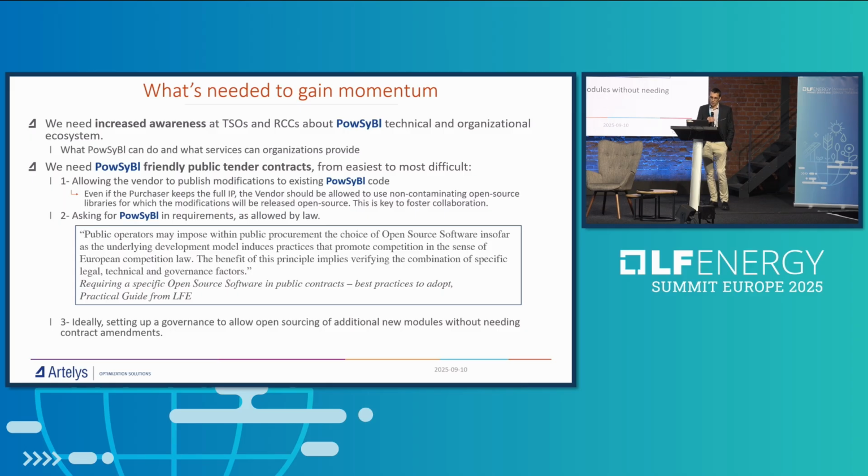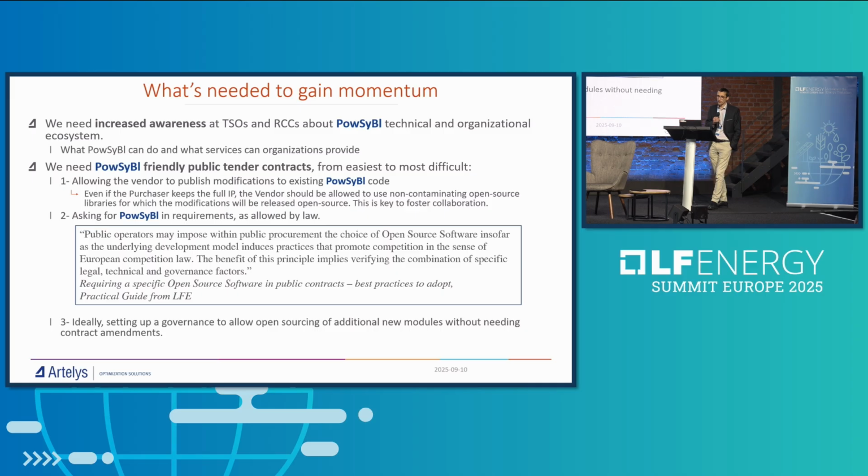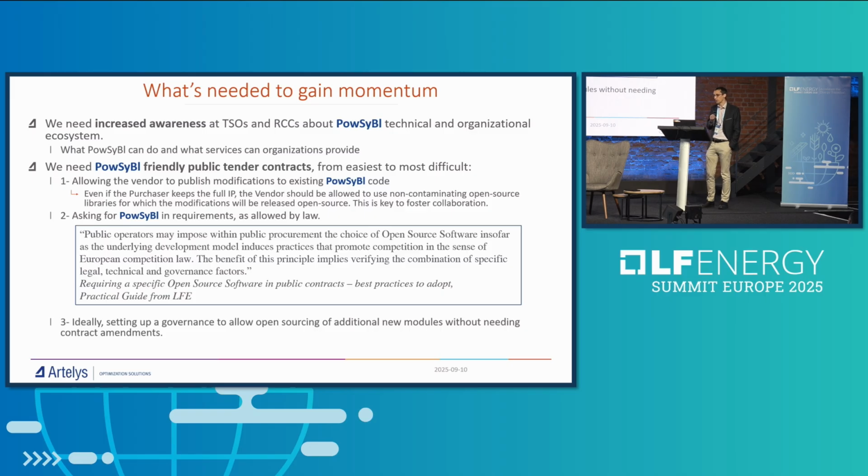And last, but it's more difficult, the last point is that we should find ways to set up governance to allow open sourcing of additional new modules without needing contract amendments. Because right now it's just too difficult. Let's say we did something new, but the contract is what it is. It's almost impossible to release it as open source.